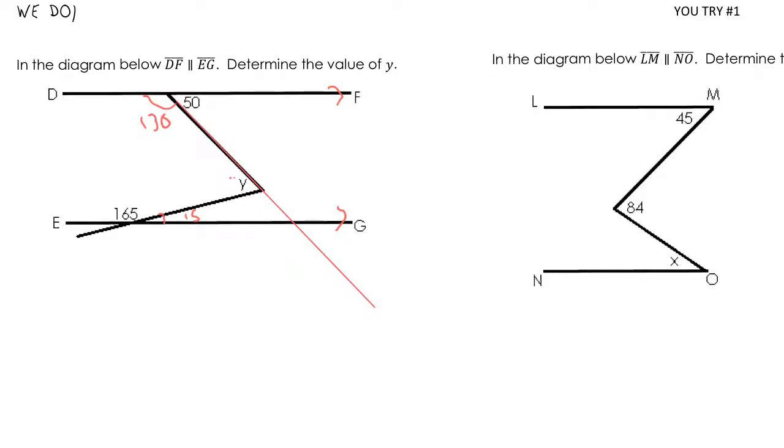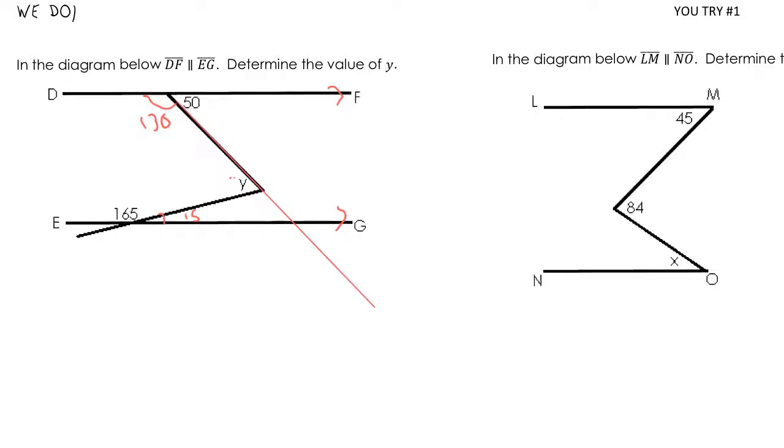If you look, the shape right here is a triangle. This angle is 15. This one's 50. So I'm going to use the triangle sum theorem to find that missing top angle. So 180 minus 15 plus 50, which is 65, so that's 115. So that top angle is 115 degrees.